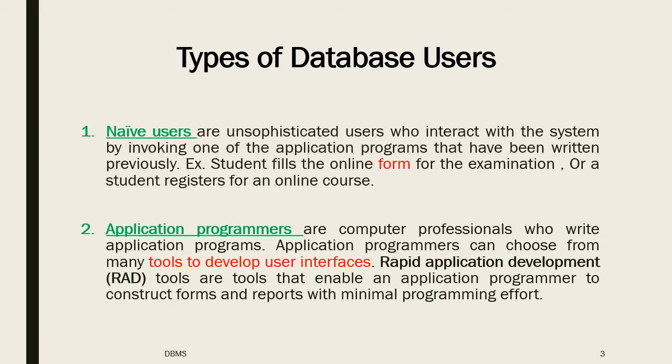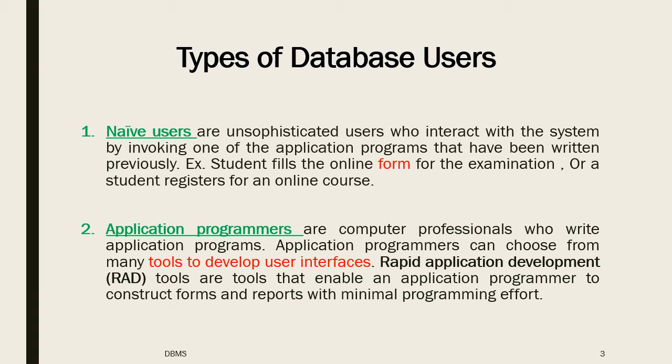Now first, naive users. Naive users are unsophisticated users who interact with the system by invoking one of the application programs that have been written previously. For example, a student fills the online form for the examination, or a student registers for an online course.